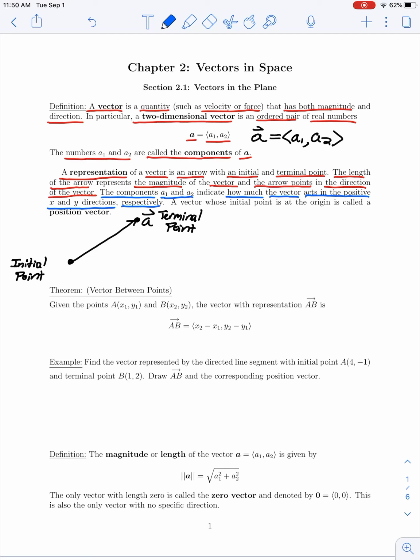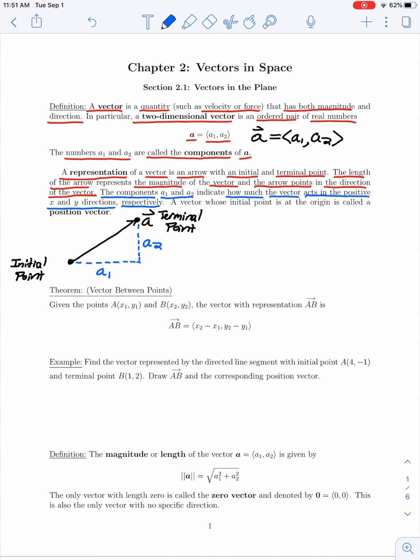So for the representation that we have for our vector A here, the distance that we're moving horizontally from the initial point to the terminal point is the component A1, and the distance that we're moving vertically from the initial point to the terminal point is A2. So these are what the two components of a vector represent: how much this vector is acting in the horizontal or vertical directions.